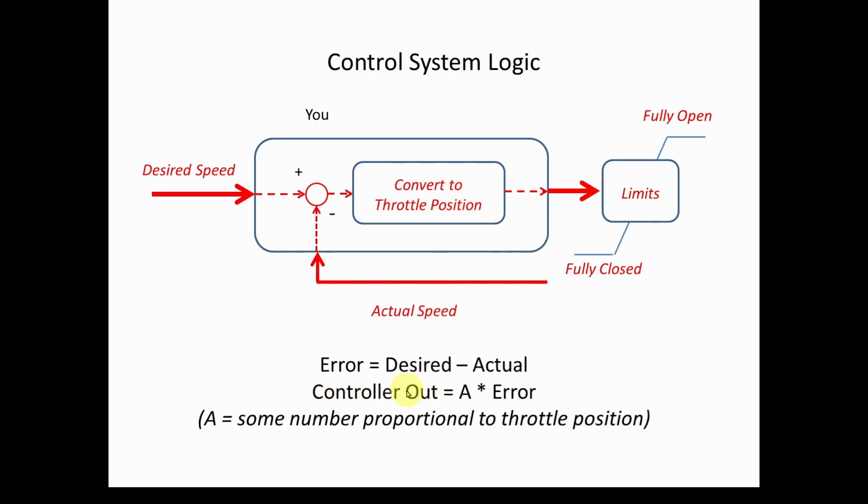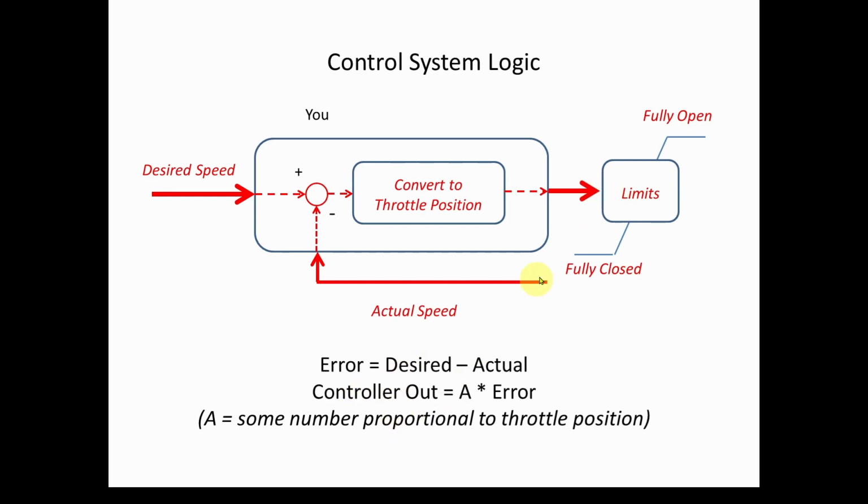So the controller output is going to be some value times the error, all right? Because we have to convert it from, say, 0 to 60 into 0 to 1. You can see it's kind of like we talked about recently, range mapping, where you're taking one range of values and mapping them to a range that the machine understands.